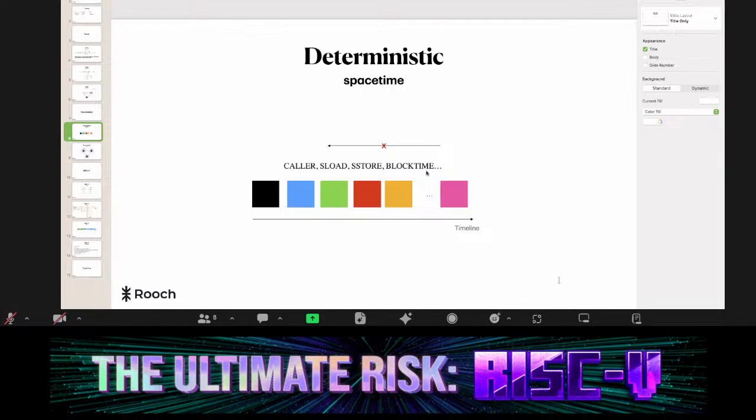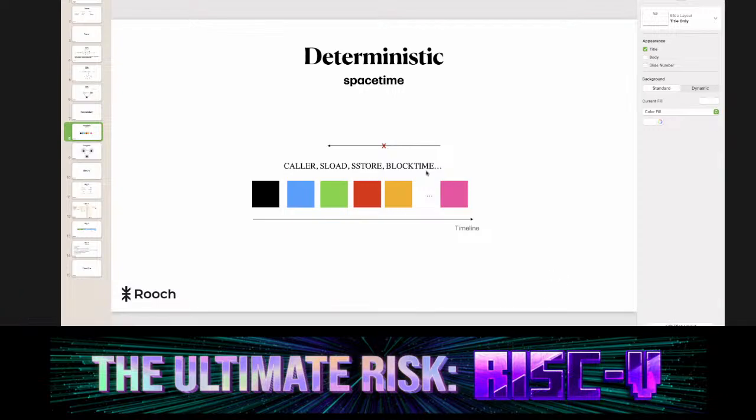The space-time limitation means each state is related with another event, because the timeline is made of events, the causality between events.